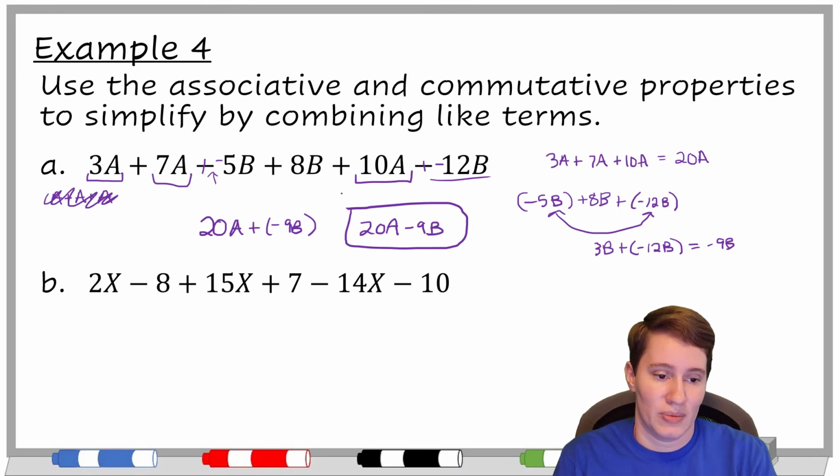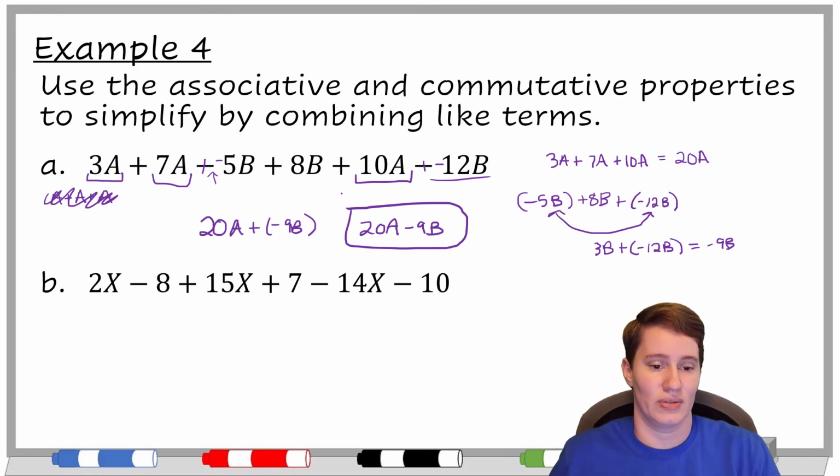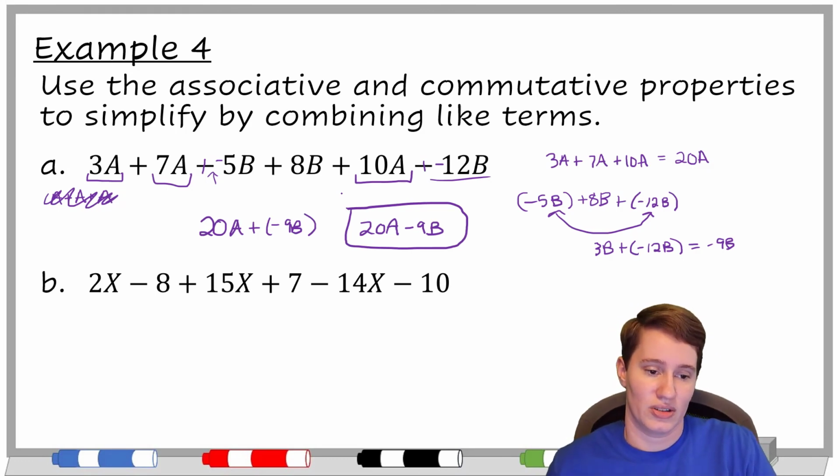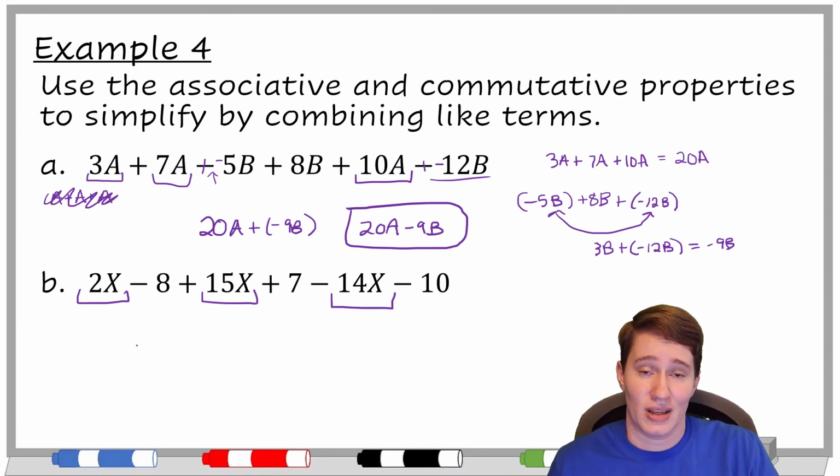So let's look at B. We've got 2x. We've got numbers here that don't have an x, and these are capital X's, which I noticed in our workbook, Math UC, using capital letters, which annoys me as an algebra teacher because I feel like we usually use lowercase letters, but it's fine.